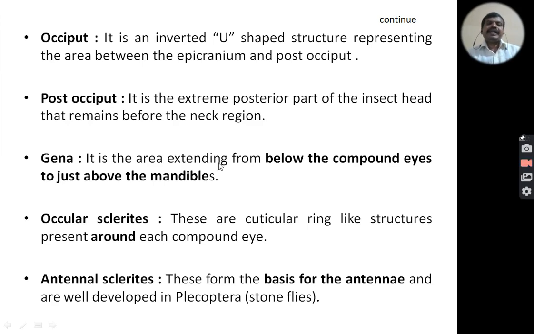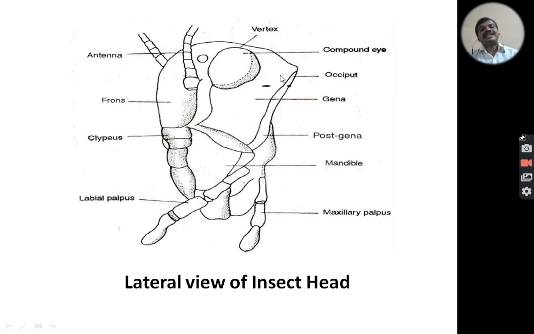It is the area extending from below the compound eyes to just above the mandibles. Gena is a portion present on either side. Here you can see the lateral side of the head on either side, which is called the gena.